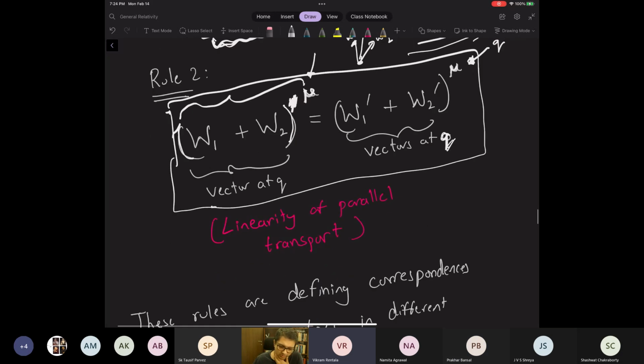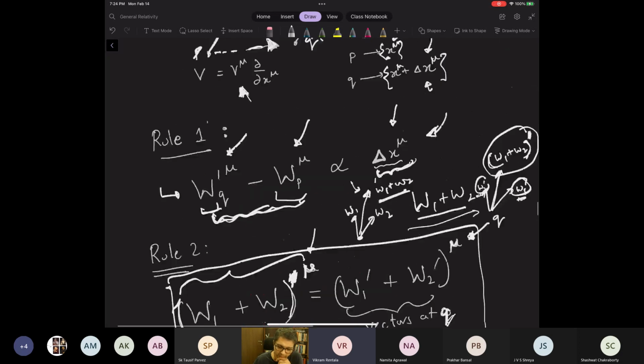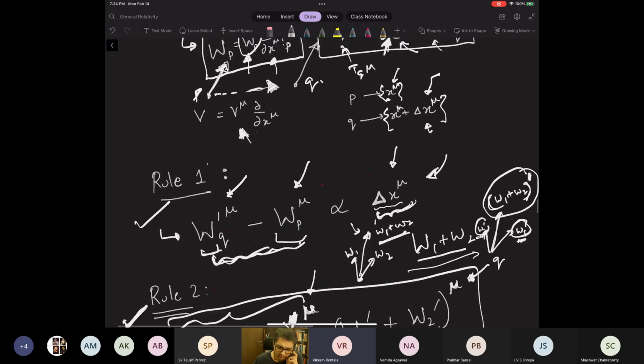Okay, good. So this is basically about linearity of parallel transport, or basically parallel transport commutes with the operation of addition of vectors. That's quite a reasonable rule to impose. So we'll only impose these two rules for how to parallelly transport. The first is that the change in the vector components in a coordinate basis is proportional to the displacement in coordinates.